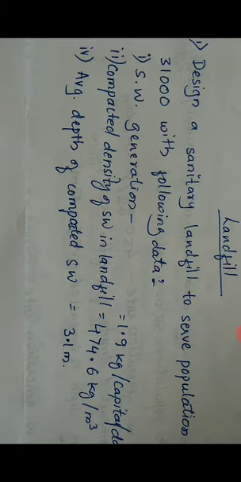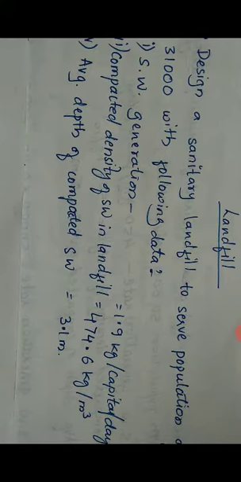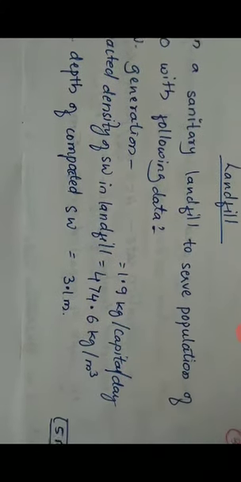So here the first problem is: design a sanitary landfill to serve a population of 31,000 with the following data. In an area there is a 31,000 population, and the parameters given are the solid waste generation, that is 1.9 kg per capita per day.